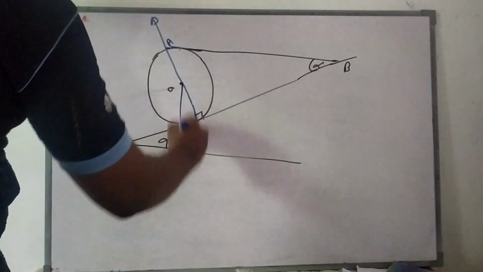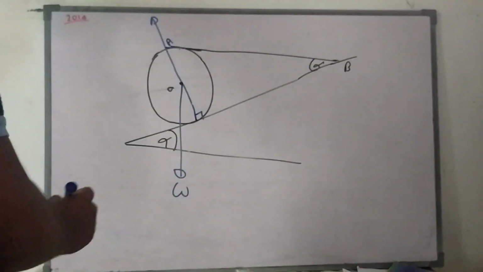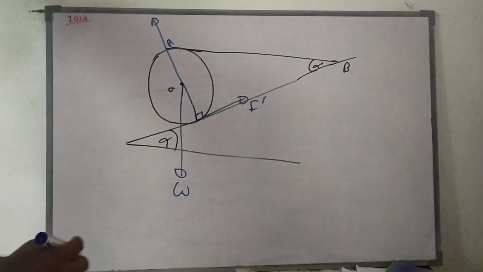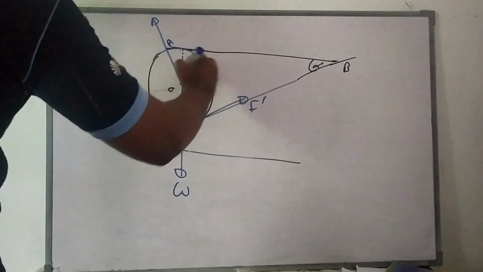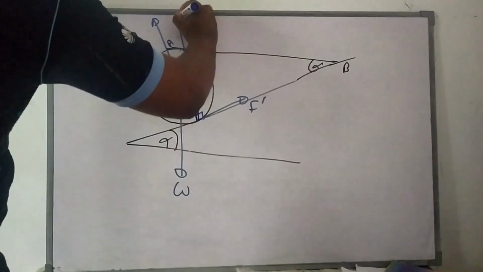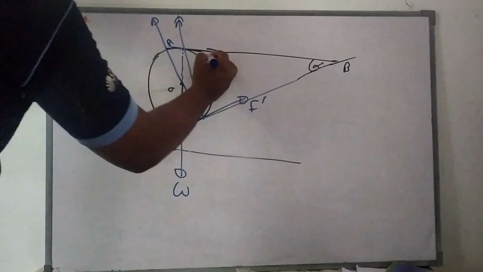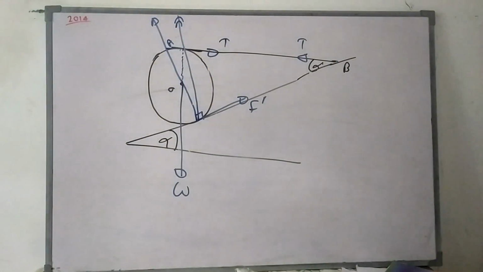So this is weight W, and the hemisphere is trying to move down, then the friction is up. All forces are concurrent, right? So this is tension T. So we'll see how to calculate this.